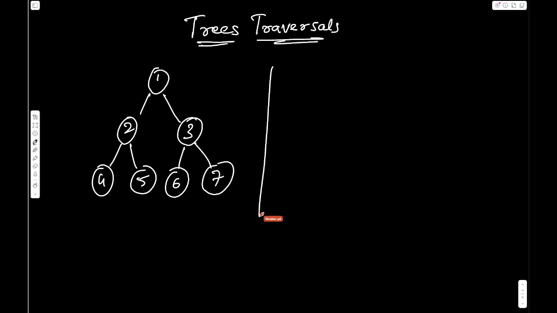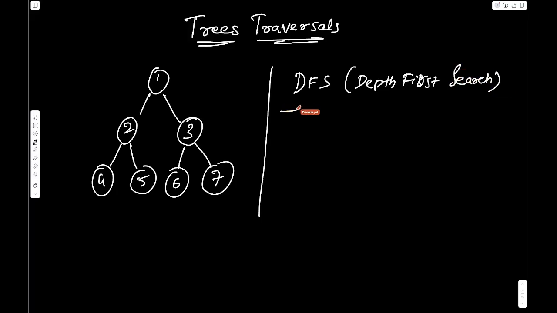One is DFS, which is depth first search. So basically, we go into the depth of each node. We have multiple traversal techniques in depth first search, and we have one more, which is called breadth first search. Basically, we go via breadth of the nodes.